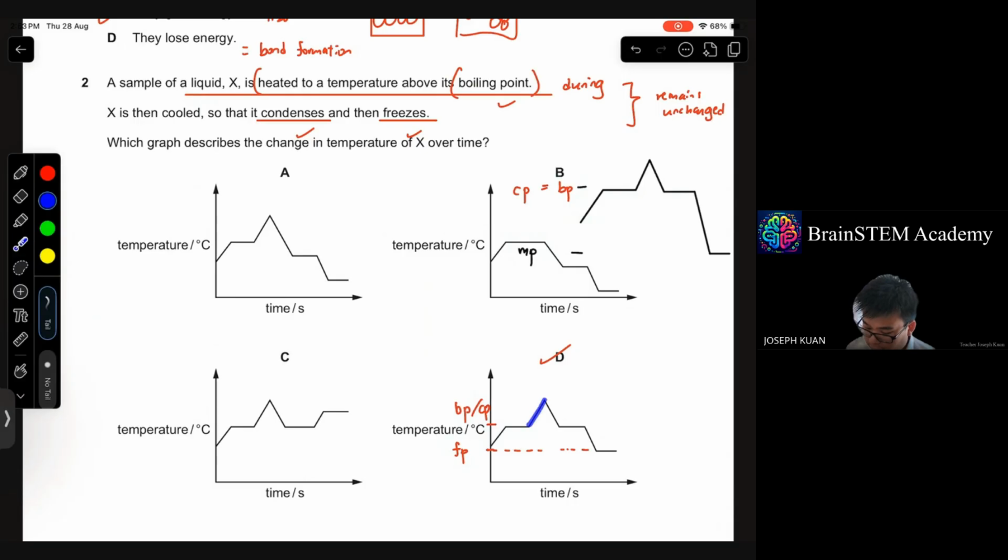Then you heat it further until it reaches a particular temperature, and we begin to cool it down. It will begin to condense, and the condensation point and the boiling point are the same. You cool it further, the temperature drops until it reaches a certain point at which freezing happens, and this temperature must be below our original temperature. So the answer for this question is D for donkey.